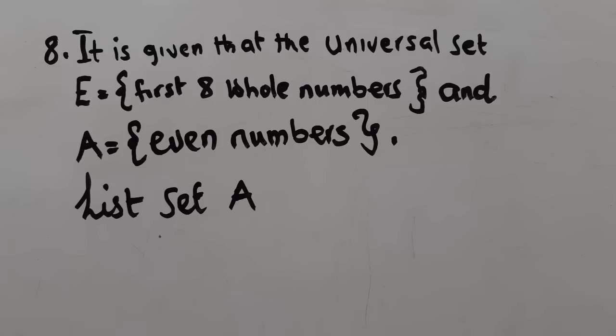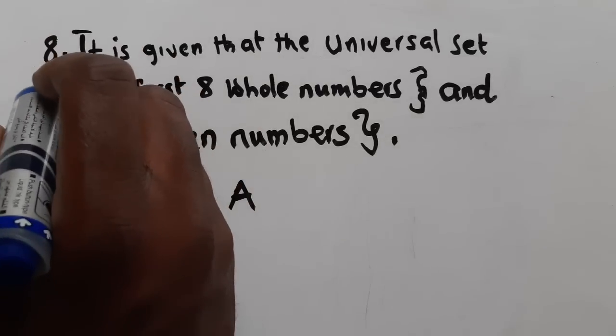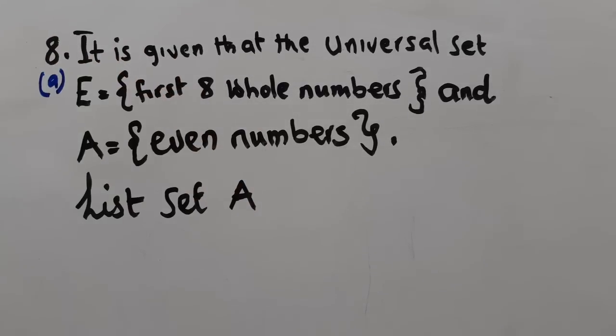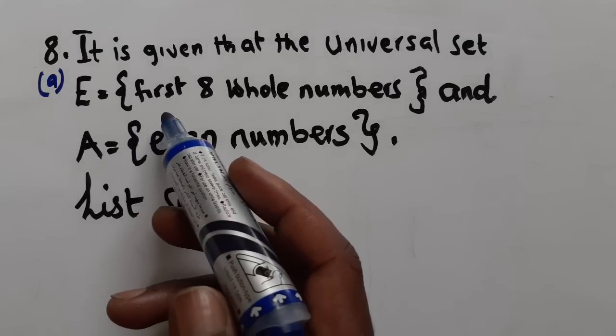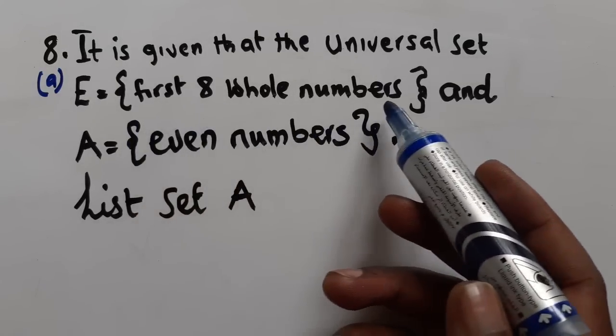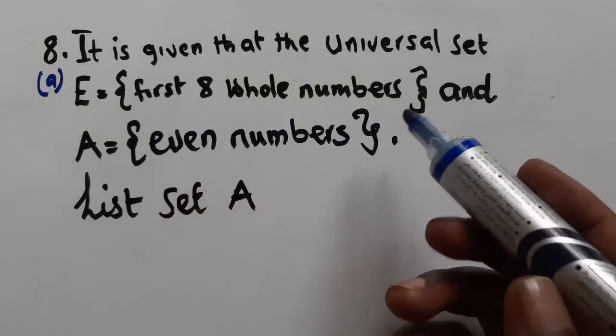Question 8 has got 2 parts, A and B. So please take note, this is question A. It is given that the universal set is equal to the first 8 whole numbers.